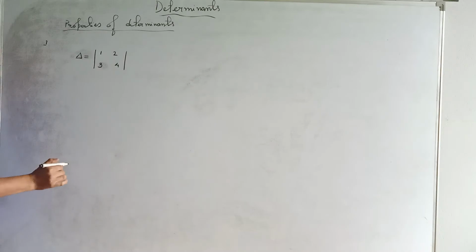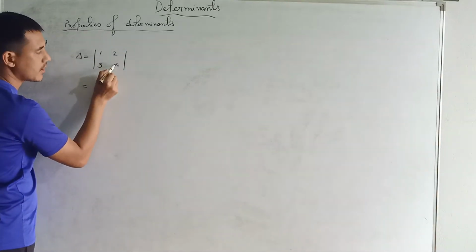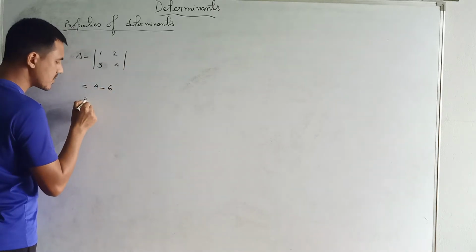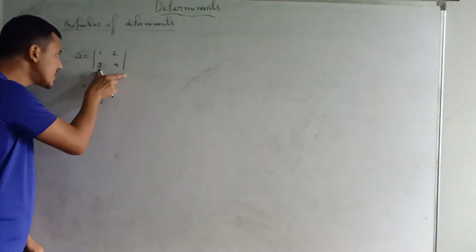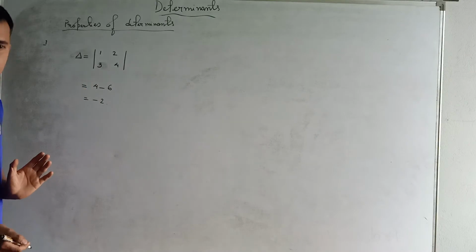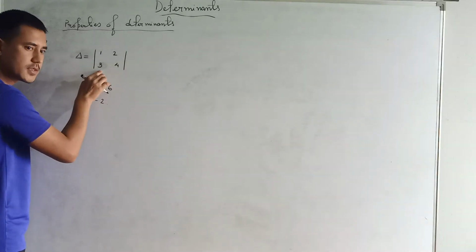So this is a determinant. Let me expand this determinant. 1 times 4 is 4 minus 3 times 2 is 6. 4 minus 6 is minus 2. Now to this determinant you can interchange a row and a column. Suppose I interchange R1 and C1.